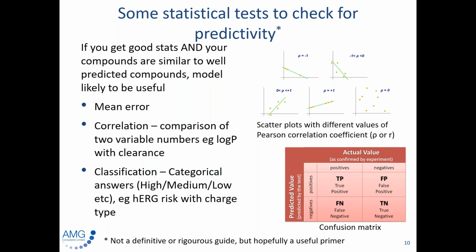If you get good statistics from these kinds of approaches, and your compounds are similar to the well-predicted compounds, then your model is likely to be useful. The first two are useful with predictions which are numbers, and the third one is to do with classification.